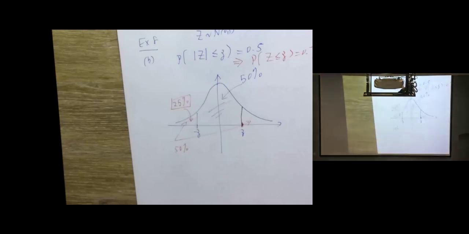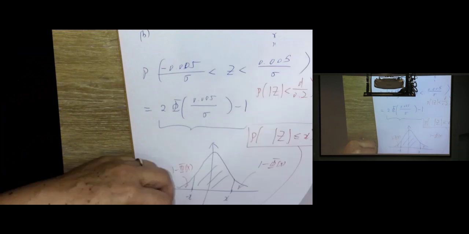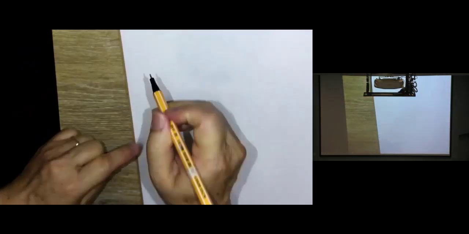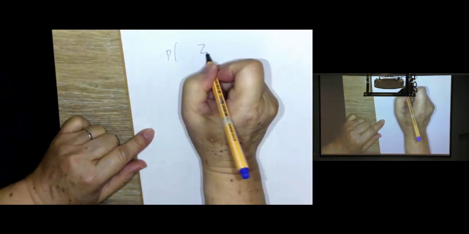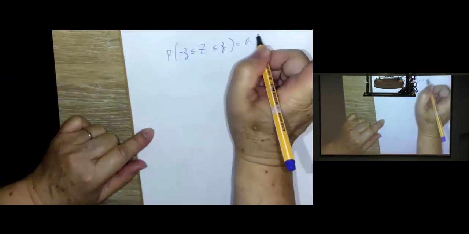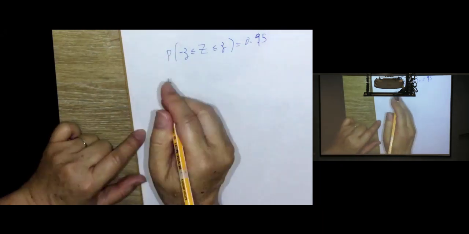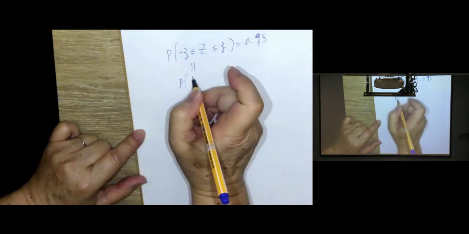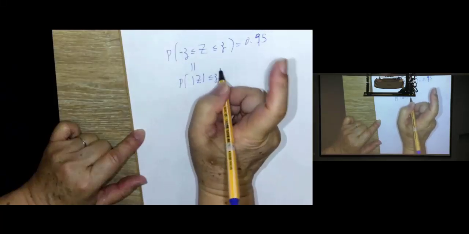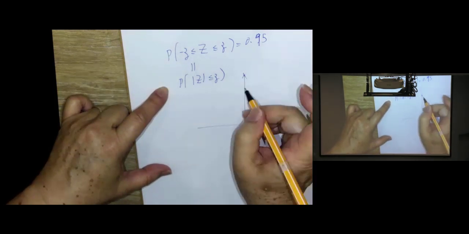It is packaged slightly differently, but what it says is the same thing as before. I'm interested in finding small z so that it covers 95% of the area. This is the same as before.